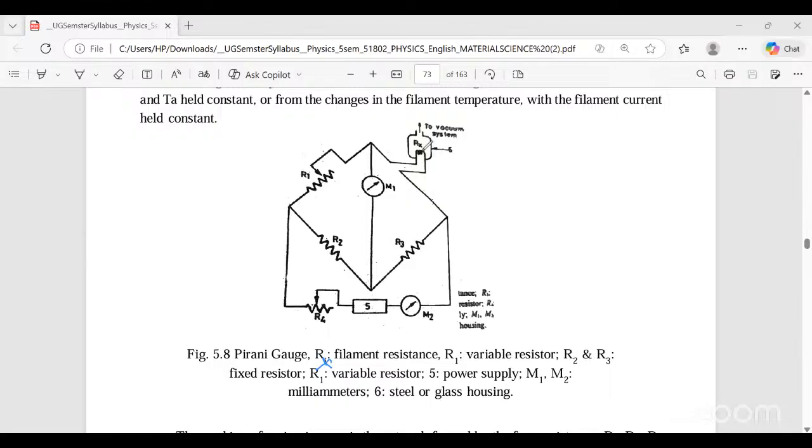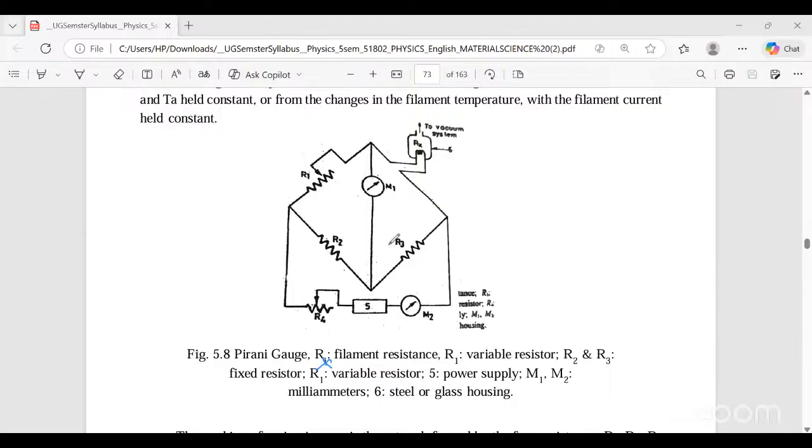Here R1 is fabricated from a material having a low value of alpha, and R2 and R3 are also made up of materials having a low alpha value and have the same value of resistance. These resistors are generally made of materials like manganin or constantan wires.